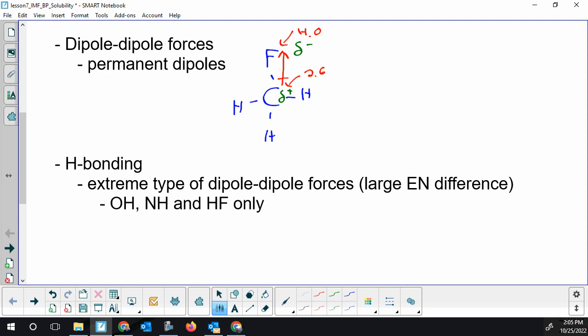And we only see an extreme dipole in 3 examples: when there's an O to an H, an N to an H, or an F to an H. Sometimes a kind of joke or saying about hydrogen bonding is hydrogen only wants to have fun, but it's F-O-N, not F-U-N. You get hydrogen bonding with F, O and N.